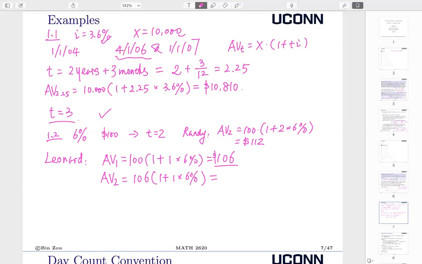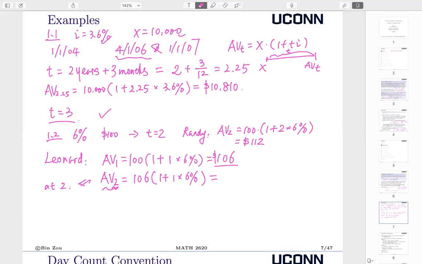By the way, there's a little misuse of notation here, because usually when we use AV(t), the meaning is that x is at time 0. But obviously this meaning is slightly different. This means the account value at the end of 2 years.